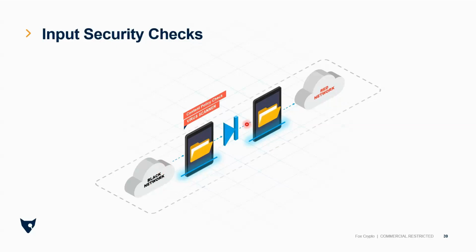Before you send it over the Datadiode, it's scanned, and it can be scanned for viruses. It can be scanned for content in Office documents or PDFs, but you start controlling what you let through. And customers, especially military customers, are doing that on the low side, the black network, but also on the high side, because there are two different administrator organizations on each side. And via that approach, you control more what's getting in.